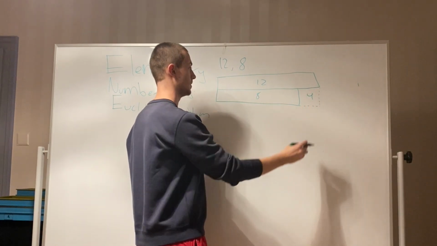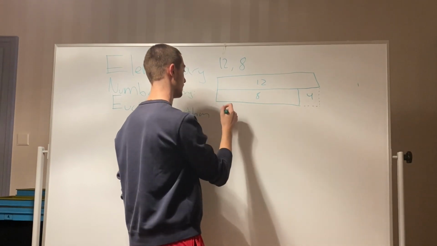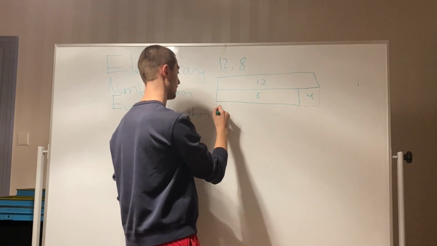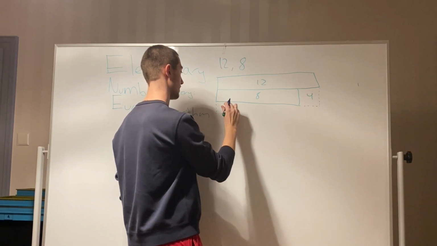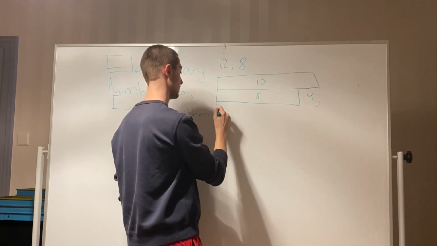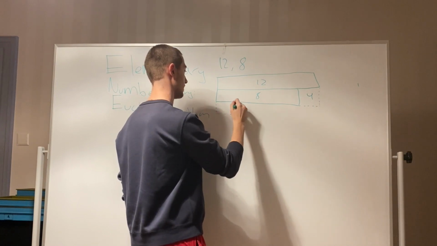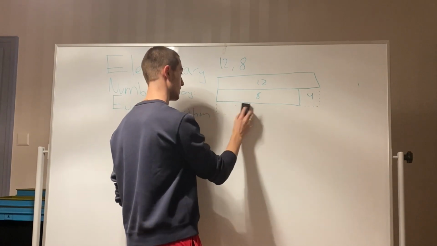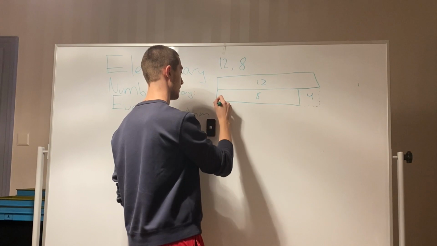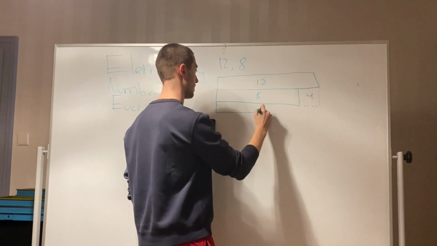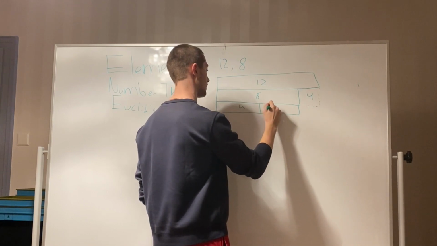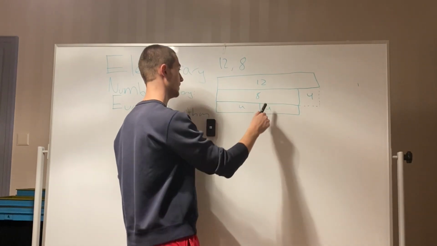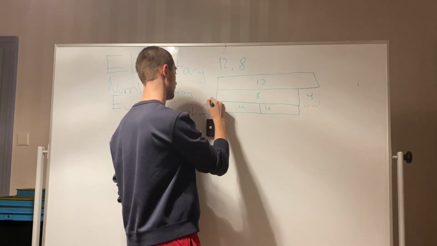Okay, so how many times does 4 go into 8? 4 goes into it twice. So the remainder when you divide 8 by 4 is 0.